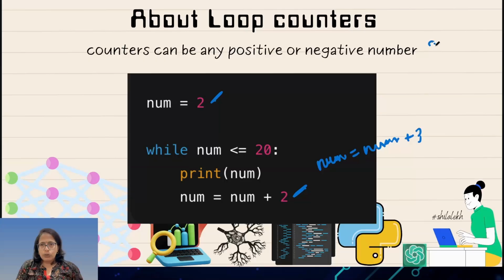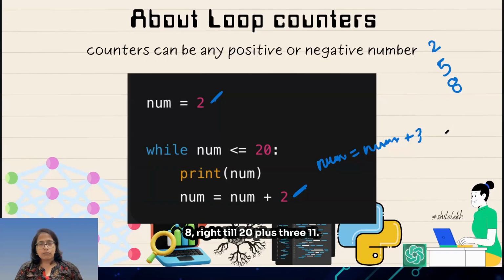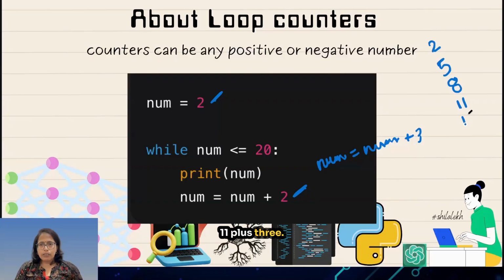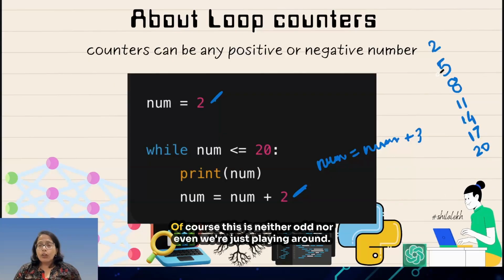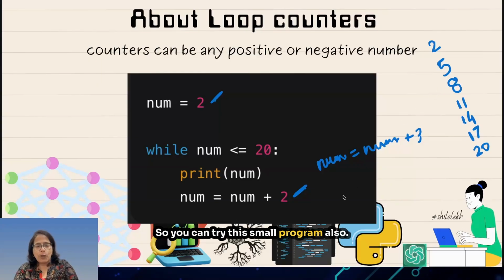It will print 2, 5, 8, right? Till 20. 8 plus 3, 11, 11 plus 3, 14, 14 plus 3, 17, 17 plus 3, 20, 20 plus 3, 23, so it will exit. Of course, this is neither odd nor even. We're just playing around. So you can try this small program also.